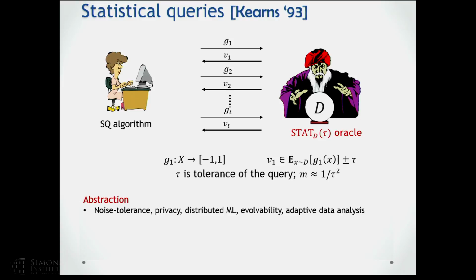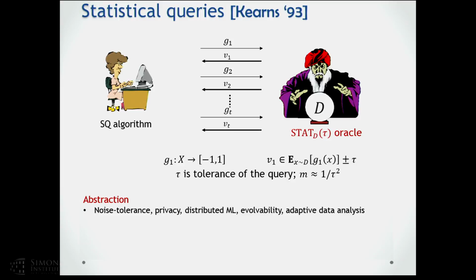And once you express your algorithm in this abstract model, you can then implement it in other models of access to data, which satisfy some additional properties or have some constraints. For example, one can obtain noise-tolerant learning algorithms through this model. One can obtain differentially private algorithms, which work in the distributed model of access to data, and so on.